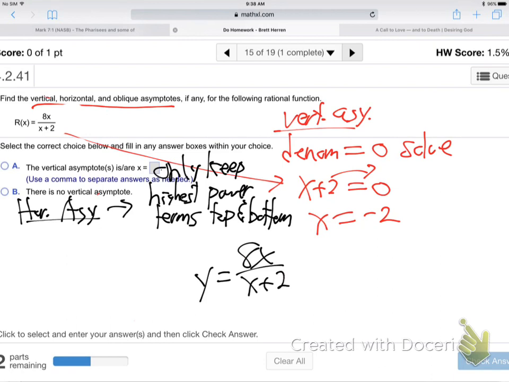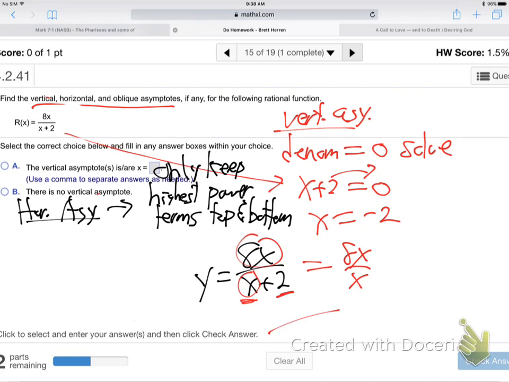As you look at these, you're going to say, all right, the 8x and the x, so in other words, 8x over x is all I'm going to keep. I'm going to get rid of that 2 because it's a lower power term. Terms are things separated by pluses and minuses. So x and 2 are separate terms. I'm only keeping the x because it's higher power.